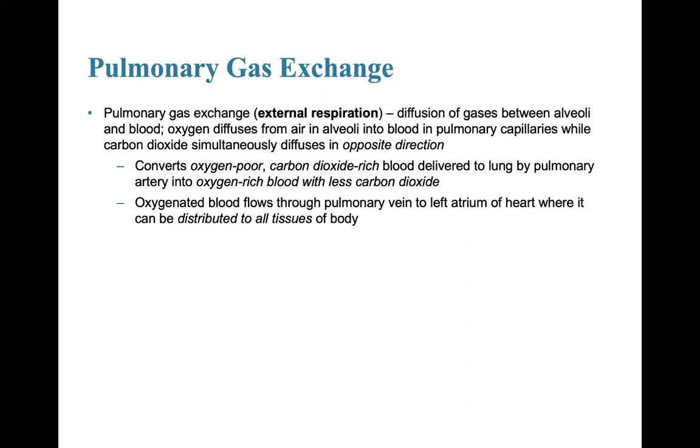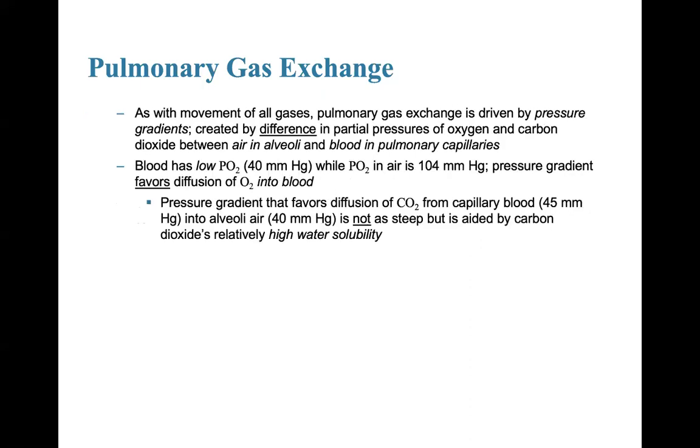This will then convert oxygen-poor, carbon dioxide-rich blood delivered to the lungs by the pulmonary artery into oxygen-rich blood with less carbon dioxide. The now oxygenated blood will then flow through the pulmonary vein to the left atrium of the heart, where it can then be distributed through the systemic circuit.